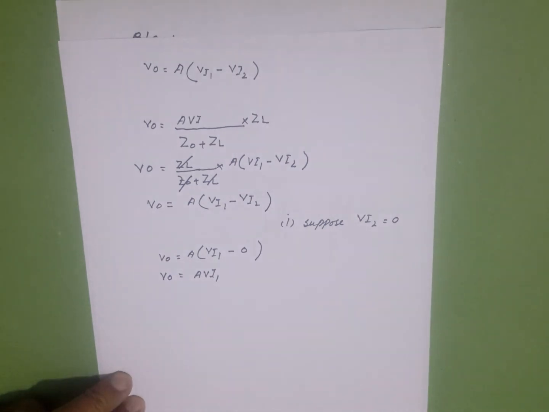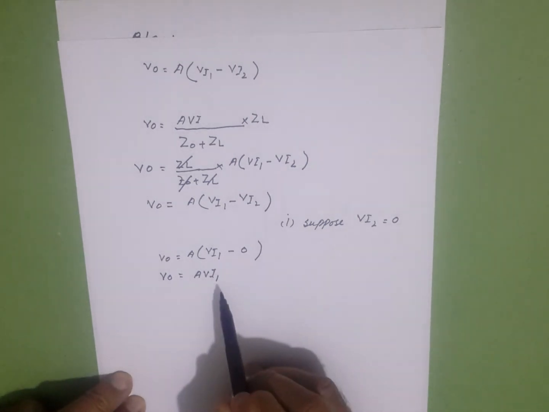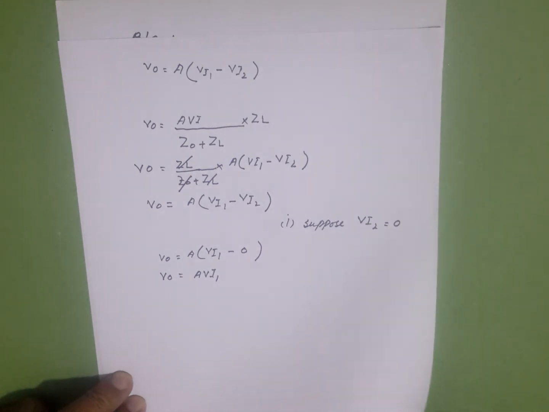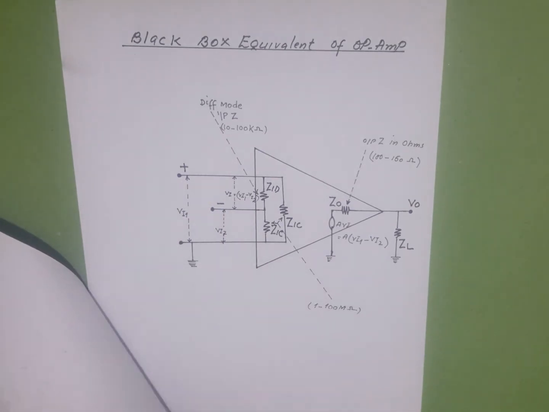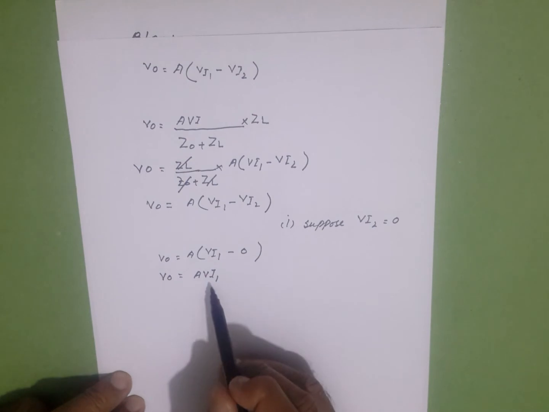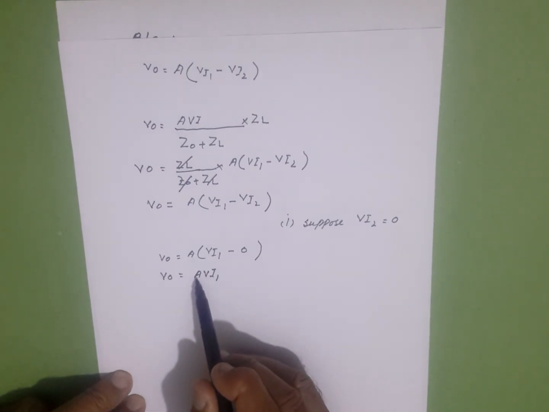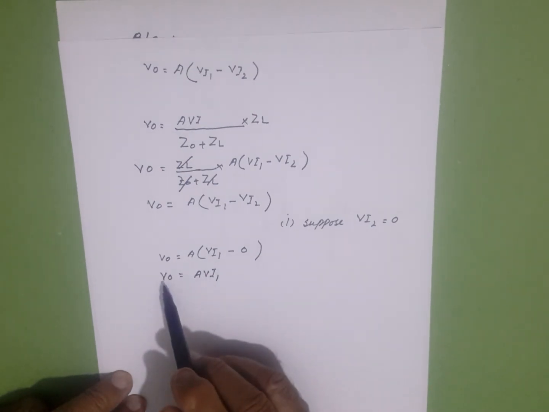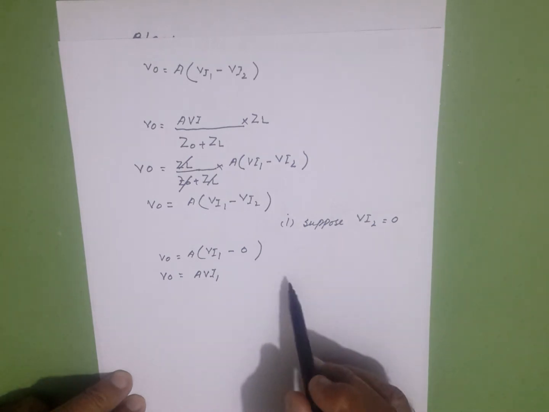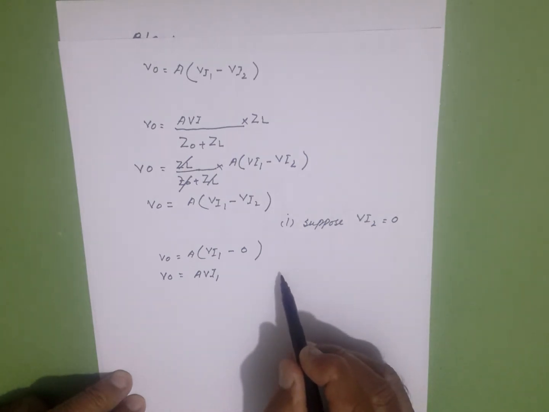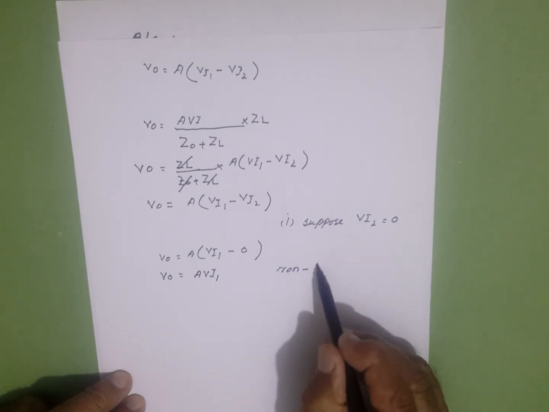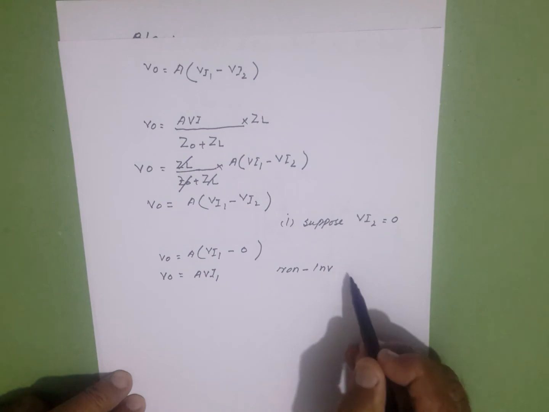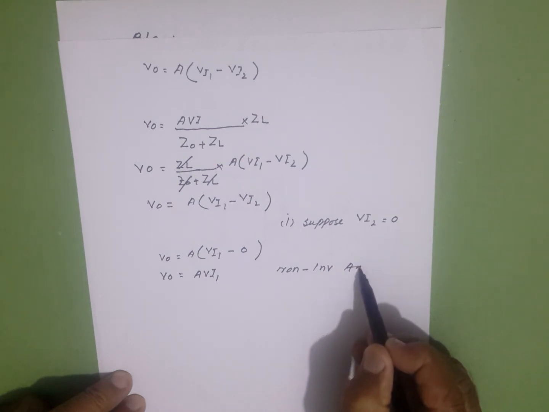From here we see that V input 1, applied between the positive terminal and ground, will be amplified A times and we get it in the output, and then the amplifier is working as non-inverting, because the output polarity is not inverted.